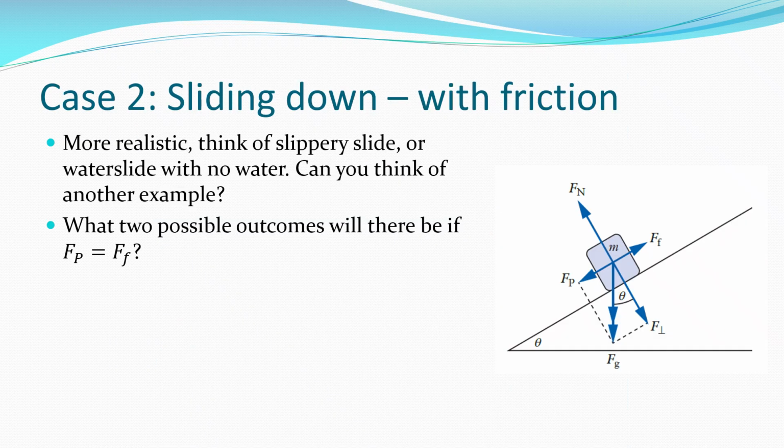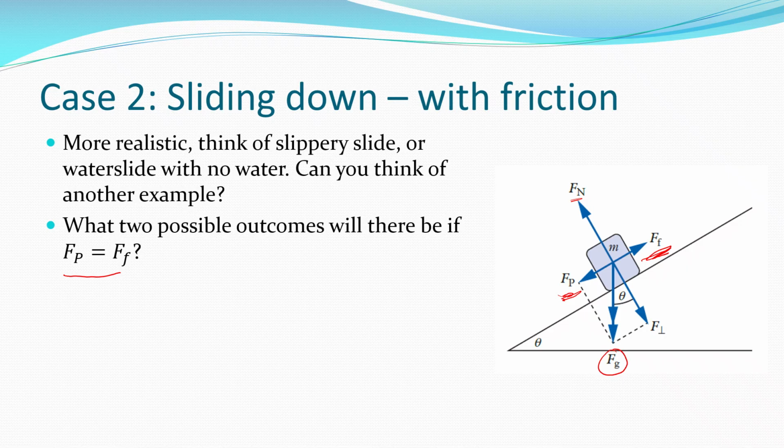Righto. Now it's the same scenario, but in this case, we've got friction. So we've got this frictional force holding us back. Still got this guy, that's our weight, that's going to cause this parallel force and this normal force, but we're going to subtract that guy from this guy. In this scenario, we've questioned there, what are the possible outcomes if the parallel force is the same as the force of friction?